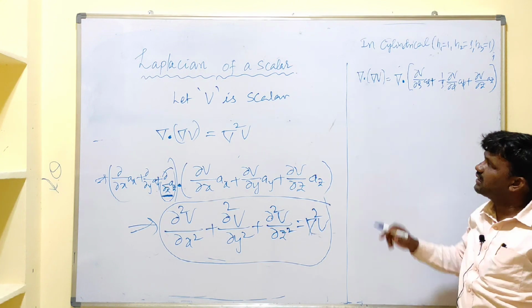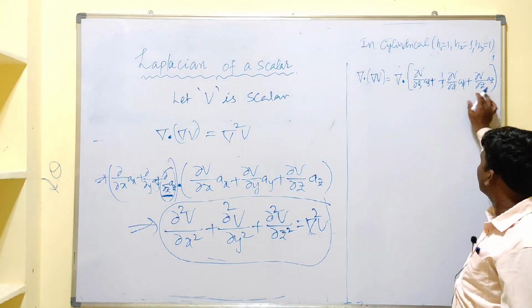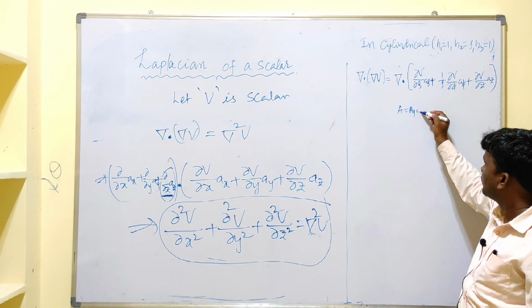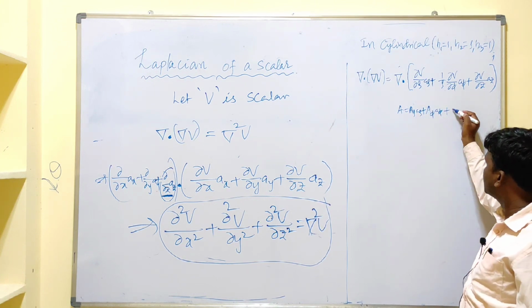Now it is del dot of del v. It is a vector quantity, meaning A equals a rho plus a phi plus az.